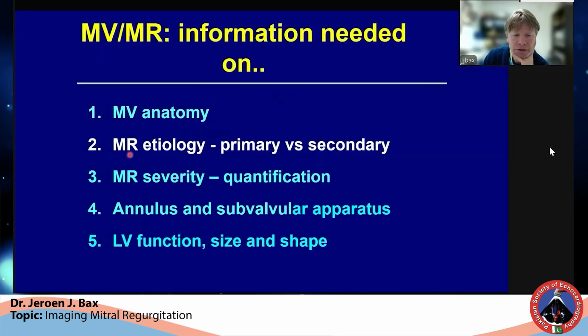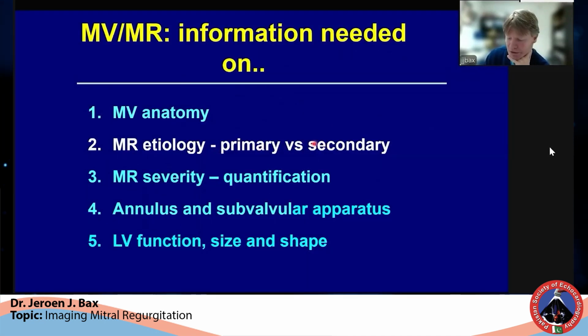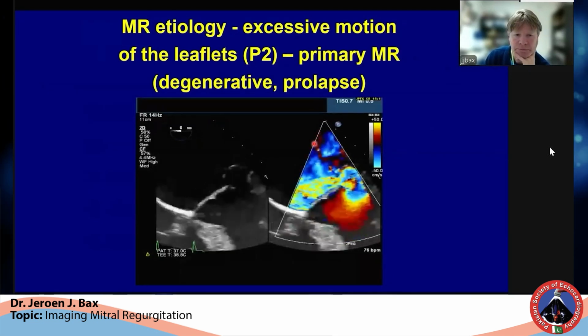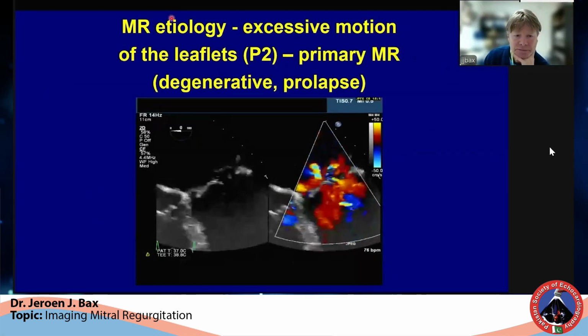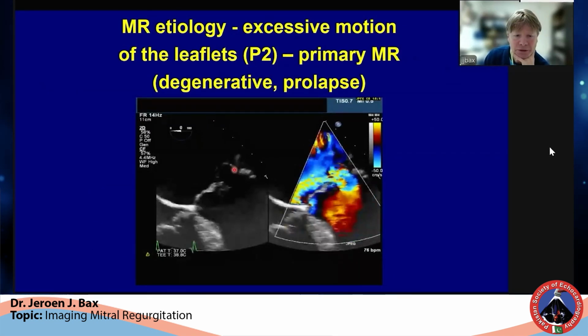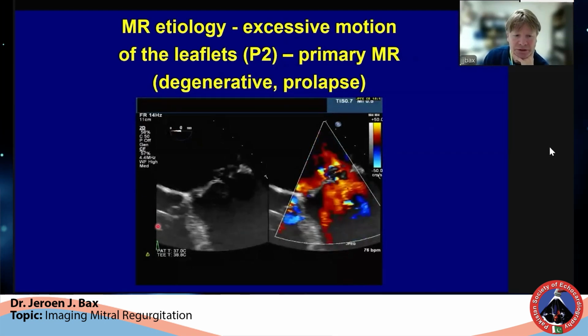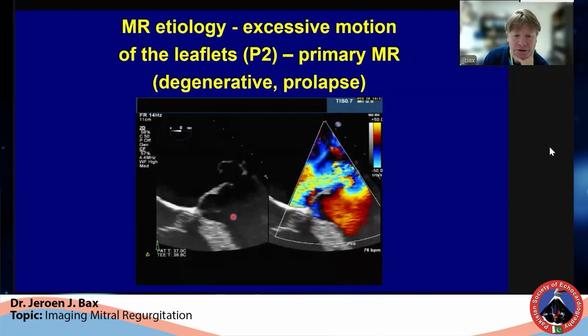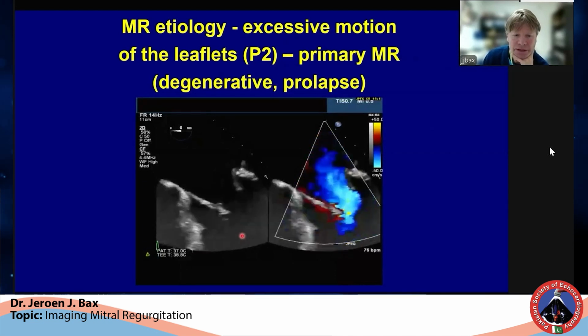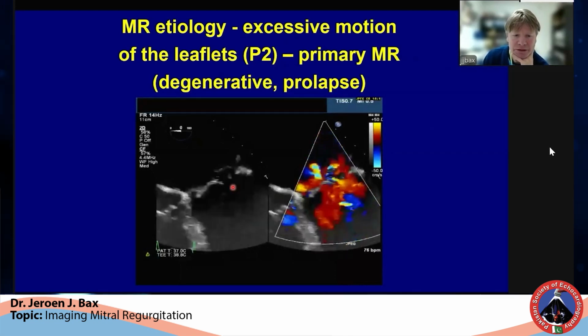Next step, MR etiology: is it primary or secondary? This is a valvular problem. This is a transesophageal view. Here's the atrium. This is the right side of the heart with the tricuspid valve. And this is the left ventricle. You see here, this part is prolapsing, very easy to pick up.